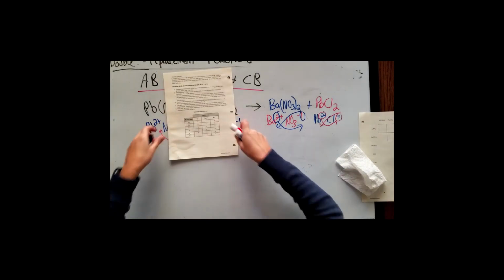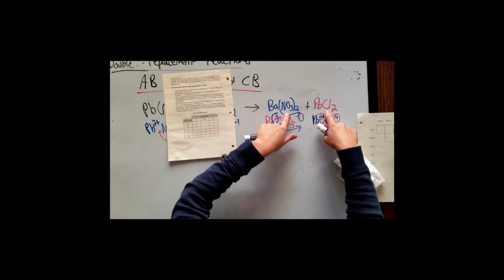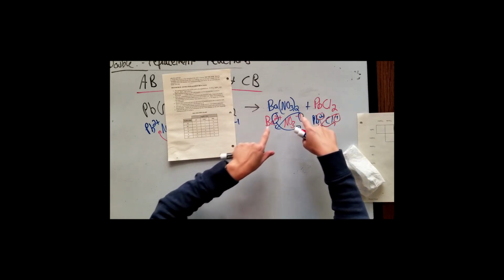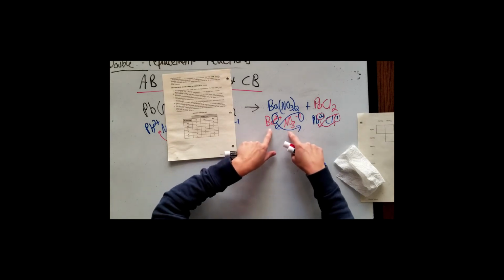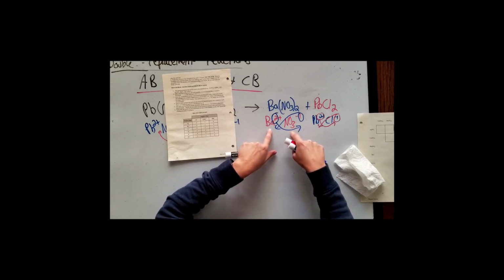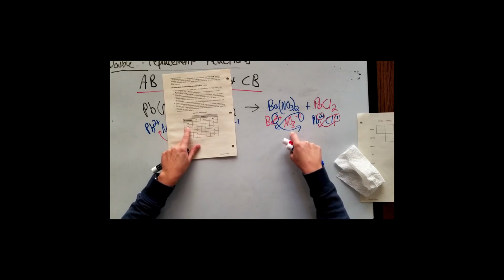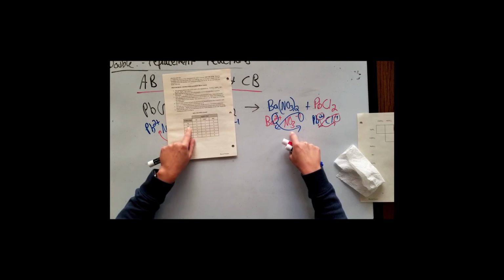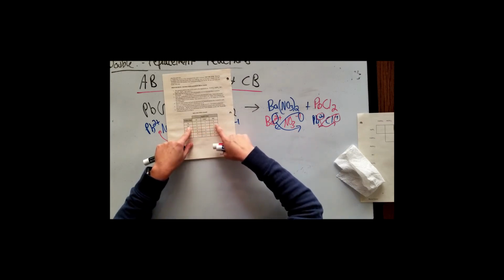So when you use the solubility chart, what you're using it for is to predict if either of these products formed a solid. Because if it did, then a reaction happened. So looking at it, this first compound has the NO3- ion and the barium 2+. So I find barium 2+, that positive ion on the solubility chart on page 28, and I'm going to follow that over all the way to the NO3- column.